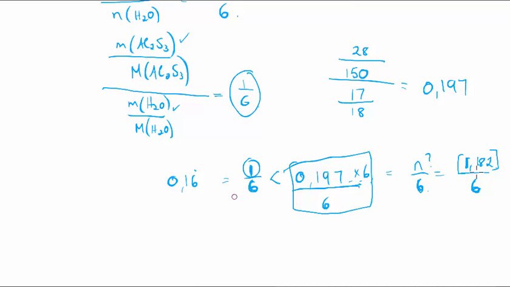If you got an answer less than 1, then you know water was in excess, because I needed 1. I like the divide. So point being, if my numerator was less than 1, I would know, well, I don't have enough aluminium sulfide to use 6 waters. So my aluminium sulfide will be my limiting factor.